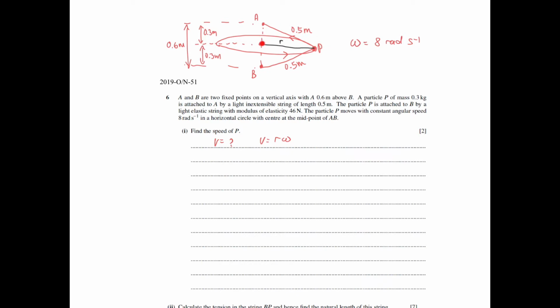So R equals the square root of 0.5 squared minus 0.3 squared, by Pythagoras theorem. So you get 0.4. With omega given as 8, V equals R omega, which equals 3.2 meter per second.